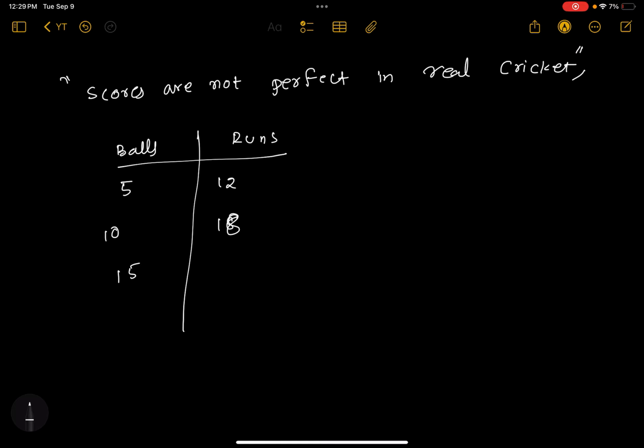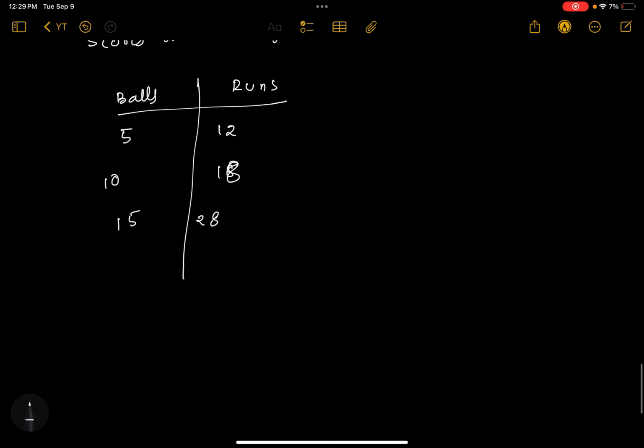Sorry, my bad. If I'm facing 15 balls, earlier I've taken 30, so I'll be taking 28 now. This is just an example. In 20 balls, I have scored like 42 runs maybe.